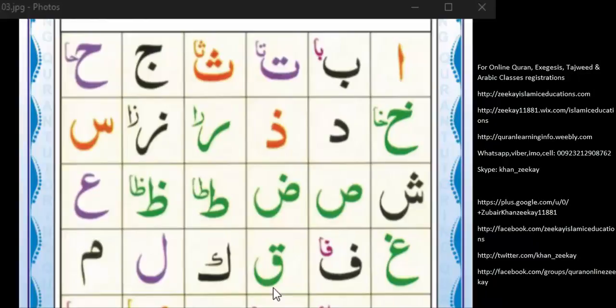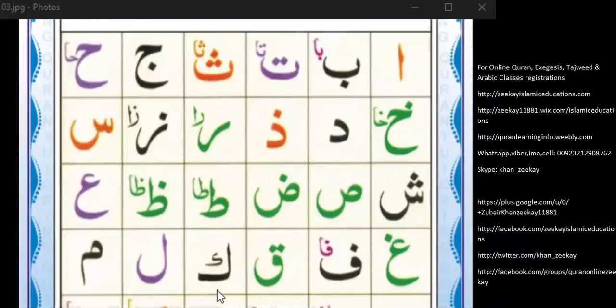The next letter is letter R. This letter is pronounced by touching the root of our tongue, the point from which our tongue is joined with the mouth, to the upper palate.